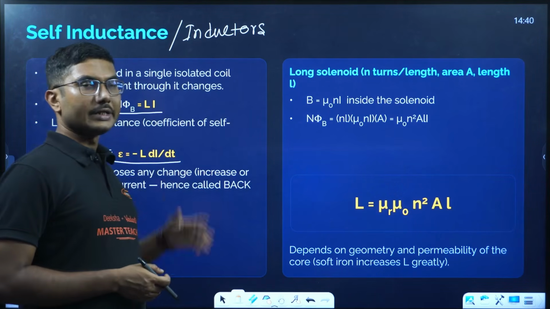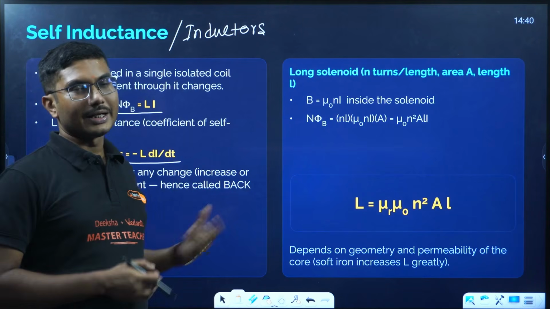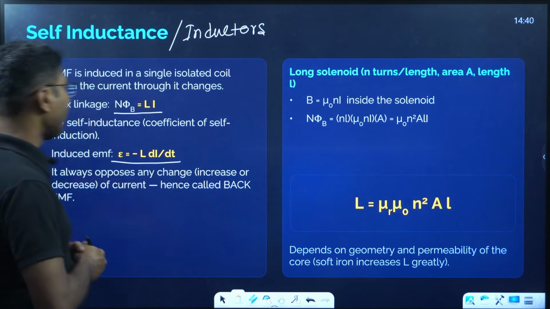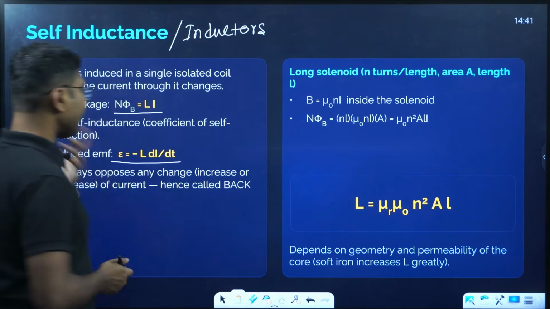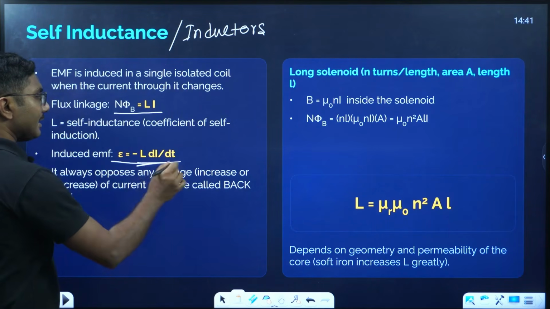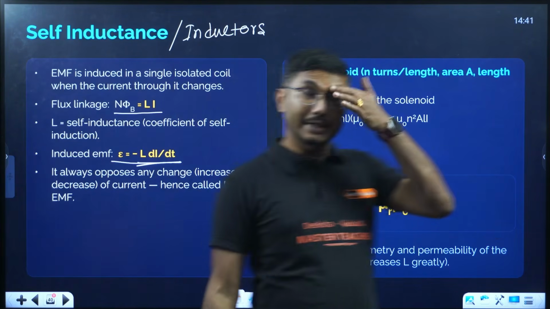All types of circuits require inductance to be present. Inductance is basically producing an EMF when the current is changing in the coil. So if di/dt is 0, then you will not get any induced EMF.